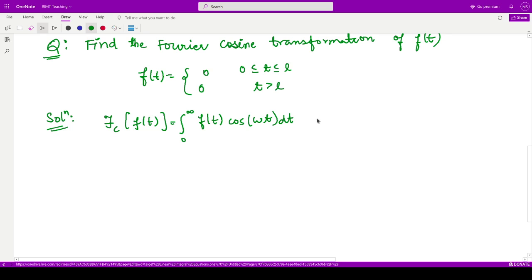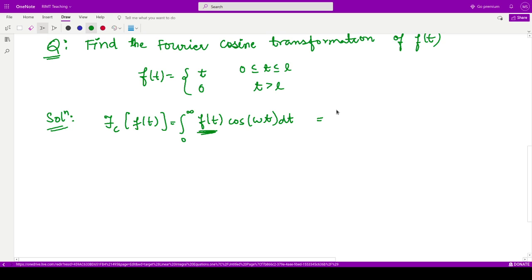So this is equivalent to, here we have to solve this integration. For that we will substitute the values of f of t. What is the value of f of t? I am sorry, here it should be t. It is given to be t in the question. So in the interval from 0 to L, the value is t. For t greater than L, it is 0. And we have our interval from 0 to infinity.